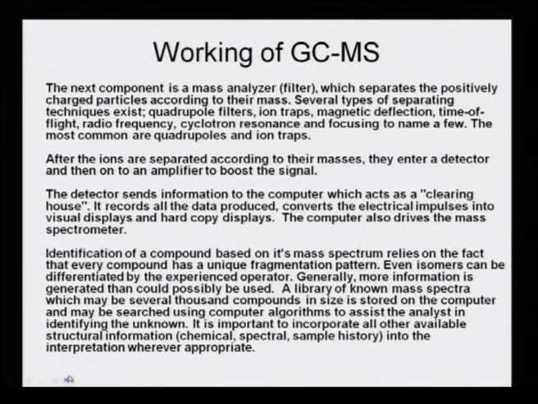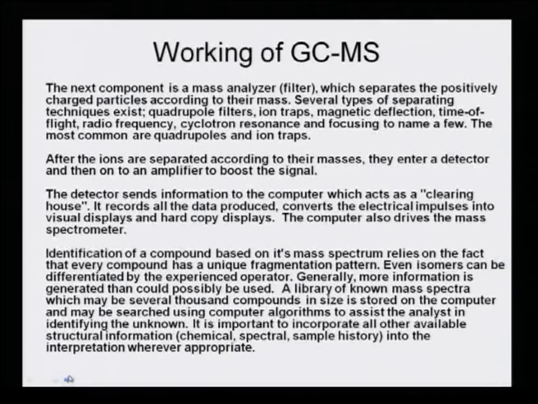As we had seen in the case of GC as well as HPLC, the signals need to be amplified, whether they are mass detector signals or chromatographic signals. They need to be amplified to be able to see them on the screen or to take a printout of the chromatogram.